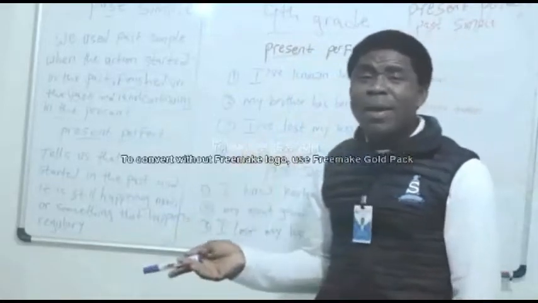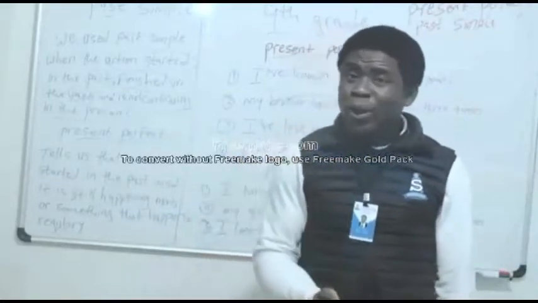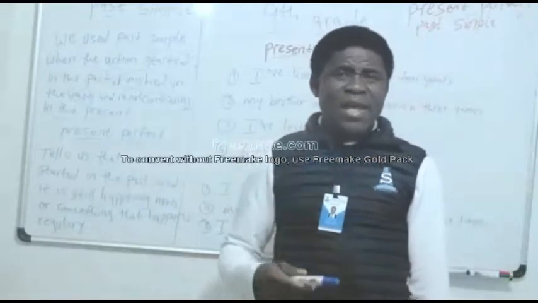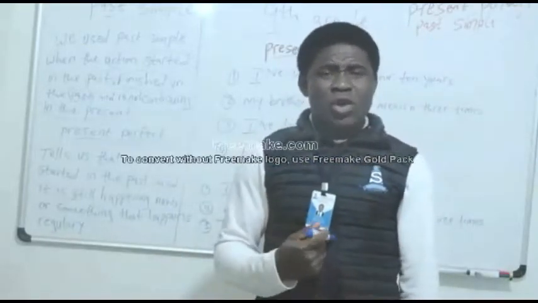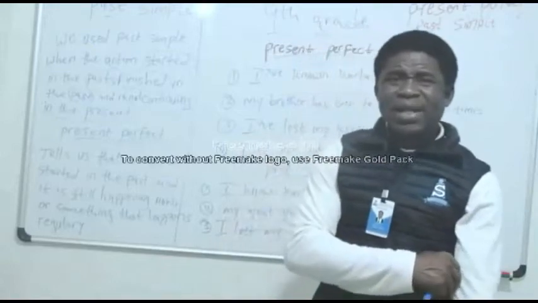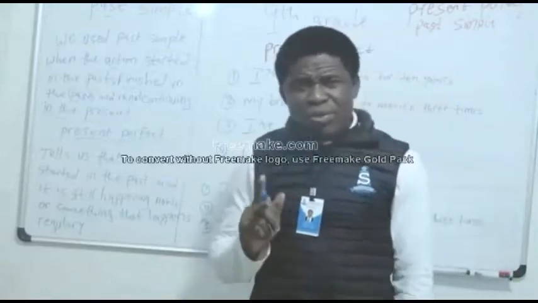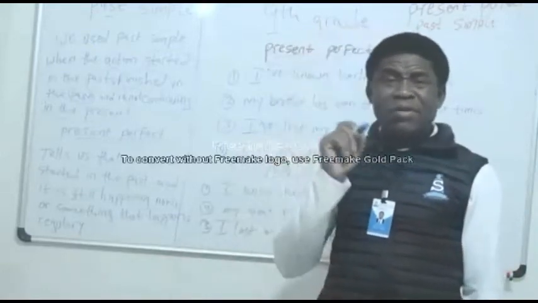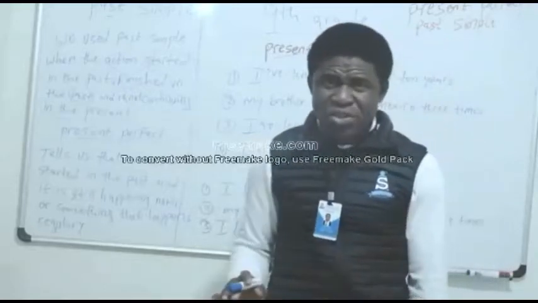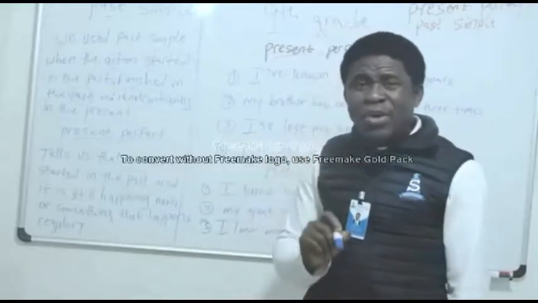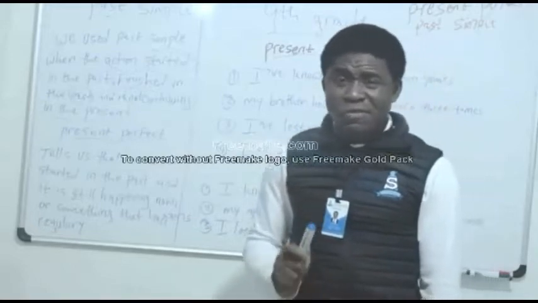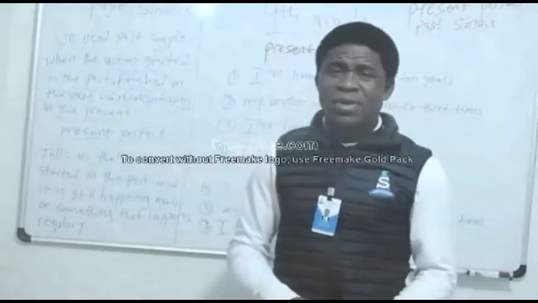And when we want to talk about past simple, we have the regular verb and irregular verb. What is regular verb and irregular verb? The regular verb is the verb that doesn't change. The irregular verb is the verb that changes.